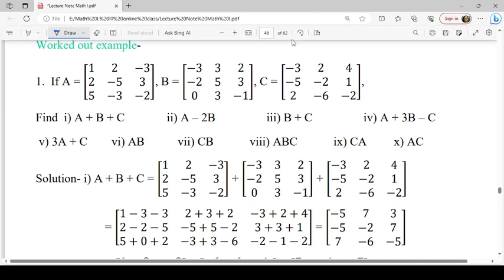So for addition, the same location values you need to add.